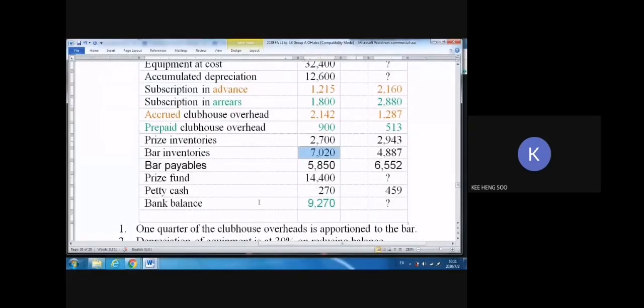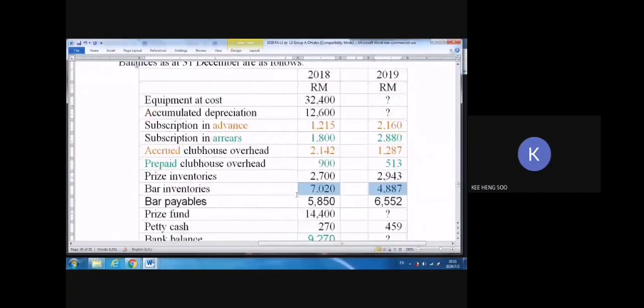This one, opening inventory, 7,020. Do you see my 4,887 closing inventory? Yes, this is your opening and closing inventory.